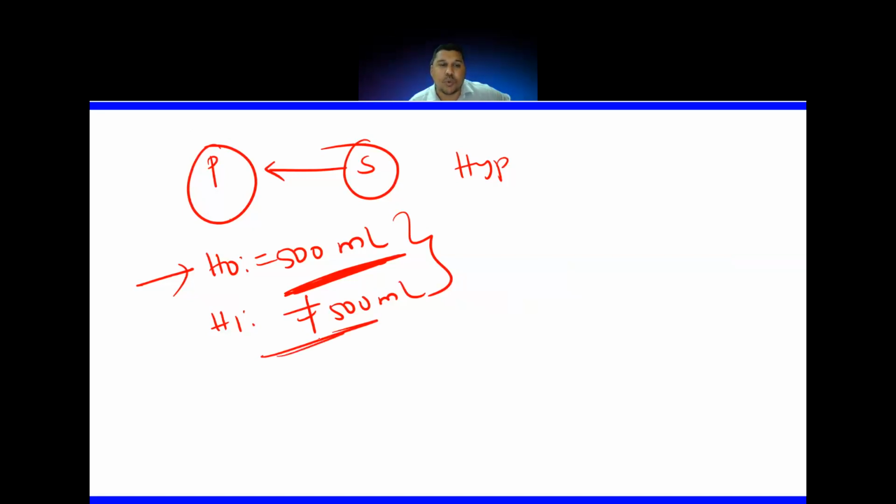Then I can prove. It means, if you observe now, after applying some testing techniques, either H naught can be true or H1 can be true. So maybe the company is right or maybe I am right that it is not equal to 500.